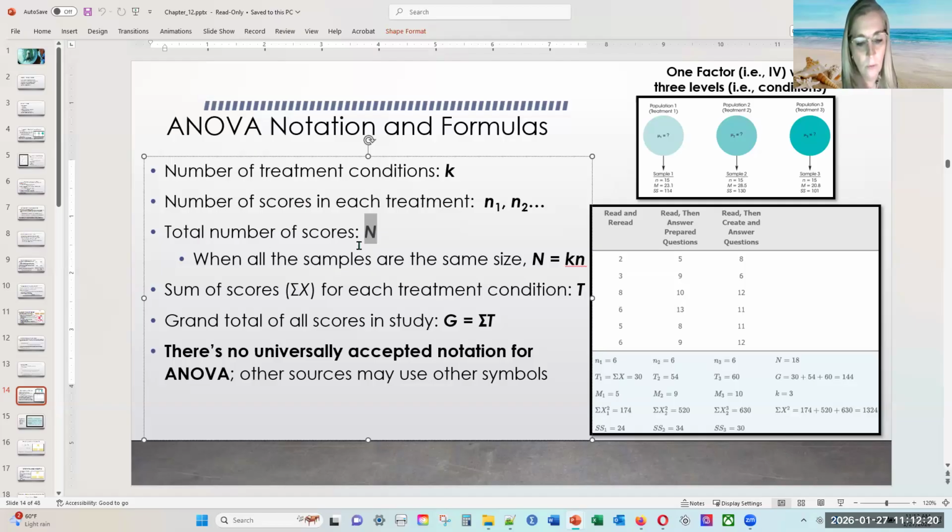So the total number of scores is N. When all the samples are the same size, your total N should equal the number of groups times n. Because remember, these lowercase n's are referring to the scores in each treatment. So if you have the same number of people in each group, like we see here, this has 1, 2, 3, 4, 5, 6 people in each group.